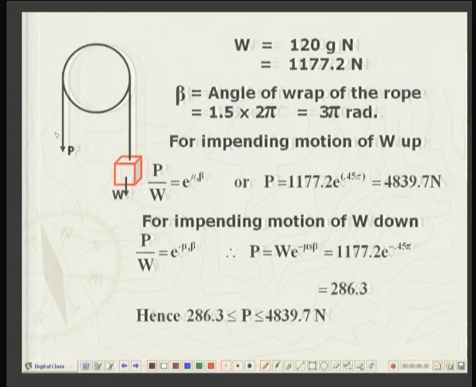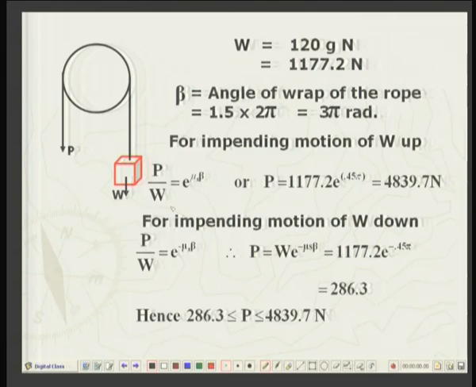Now let's examine the case when the weight is going down. The other extreme case is that this slip is such that the weight is just about to go down.